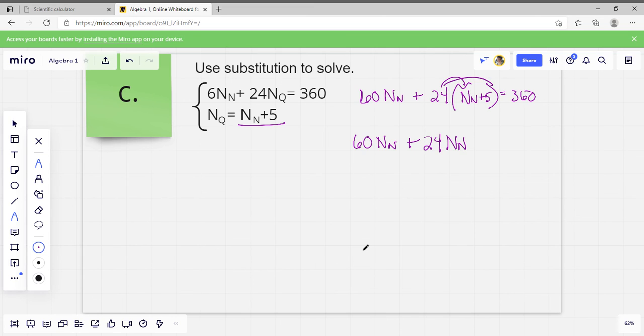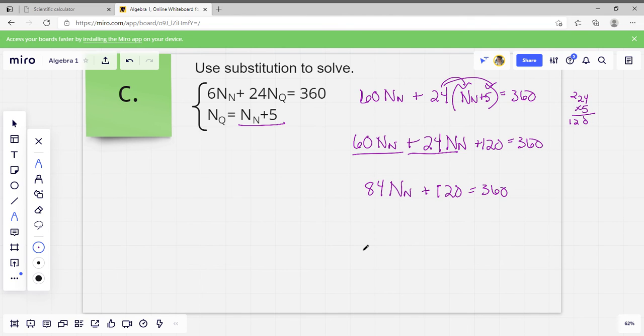24 times 5 times 4 is 20, 5 times 2 is 10, 11, 12, 120 equals 360. Add like terms. Plus 120 equals 360.